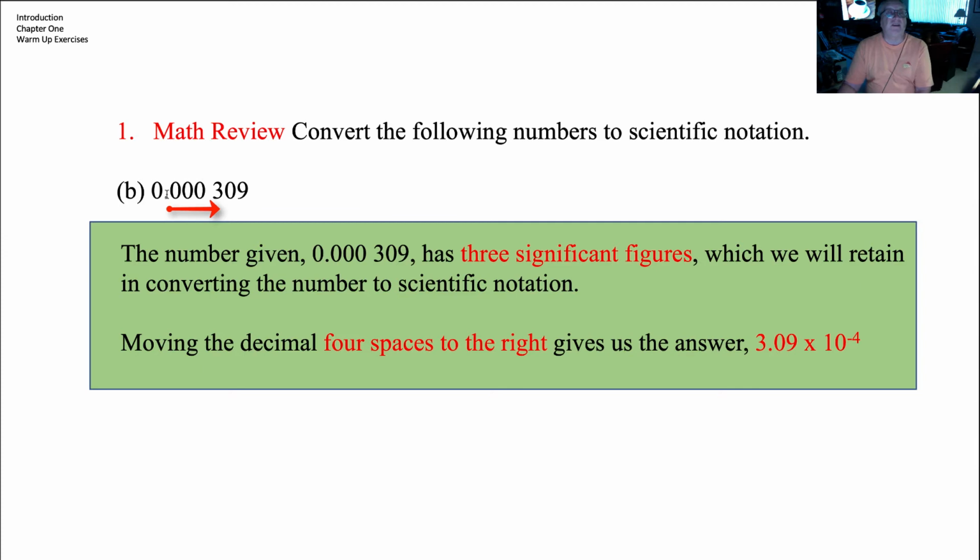In this case, we're going to move the decimal point 4 places to the right. So 1, 2, 3, 4. The decimal point is going to be between the 3 and the 0, and we are going to then convert it to 10 to the minus 4. So when we move it in the direction to the right, it becomes a negative exponent. You're going to be seeing a lot of that and doing a lot of that throughout the course.